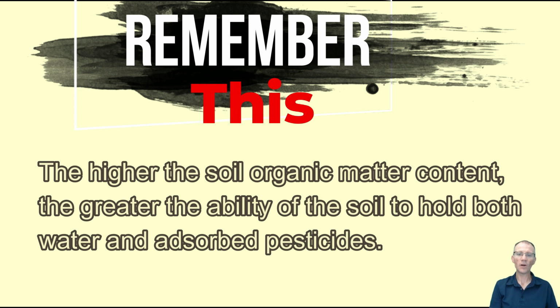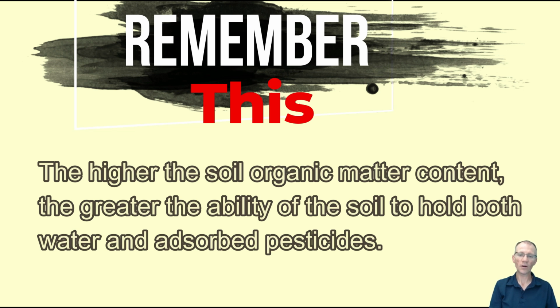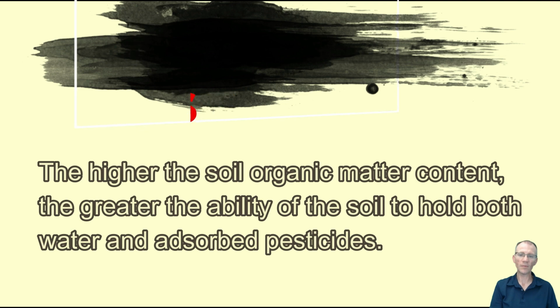The higher the soil organic matter, the greater the ability of the soil to hold both water and absorb pesticides. So when you hear about leaching and you hear about absorbed pesticides, just remember that higher organic content in the soil is going to make the pesticide stay there longer and not leach down to the water table.